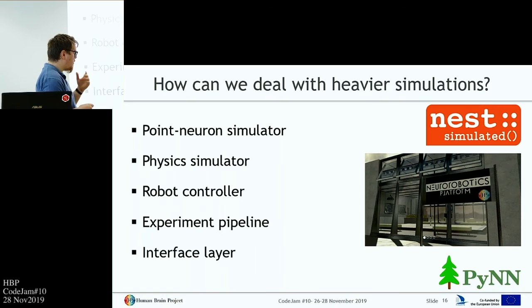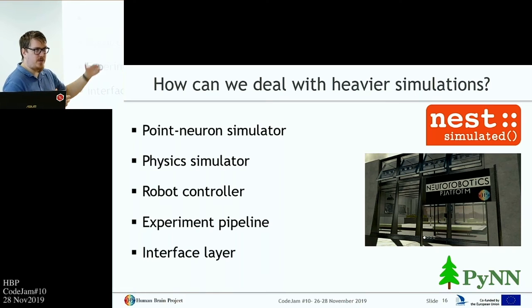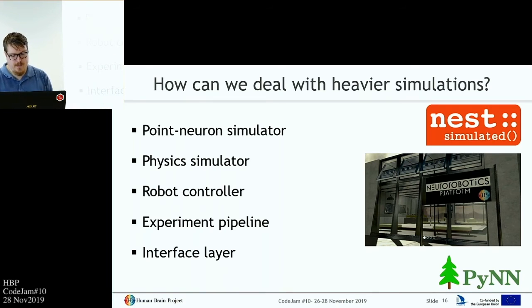So in principle, you can use the same approach, and you can just change the simulator. You can use NEURON, for example, or SpiNNaker, which are supported by PyNN, and do the same with another simulator. But for our simulation, we have always been using NEST.